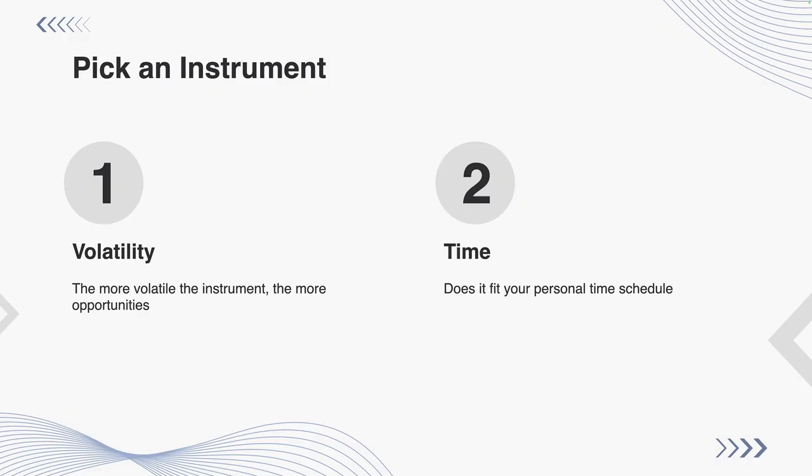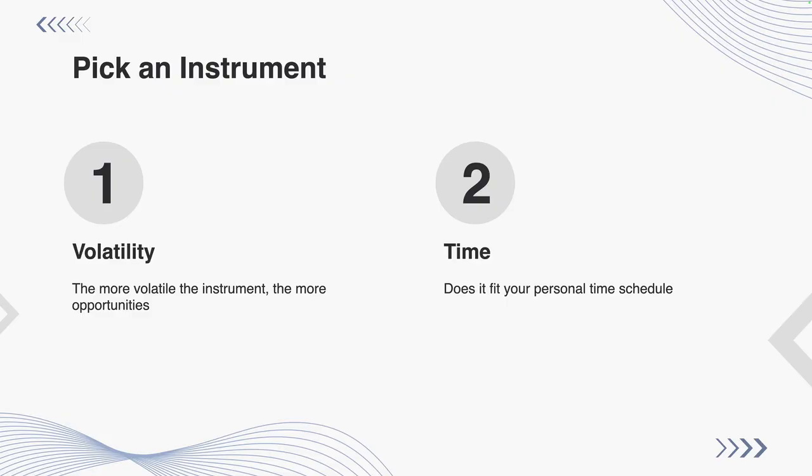Then the second part of how to pick an instrument is: does it fit your personal time schedule? So the kill zones we discussed for Forex majors, if you're going to focus on EU, for example, Euro, US dollar, then you might want to trade the London kill zone. But if you're like me and you are in South America, or if you're in North America, in that American time zone, then it's not very nice to trade in the middle of the night.